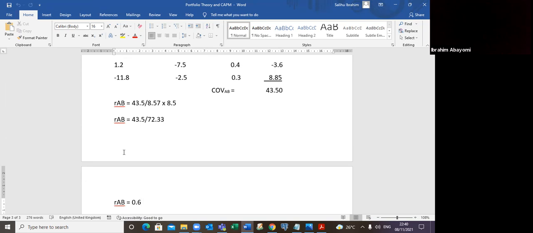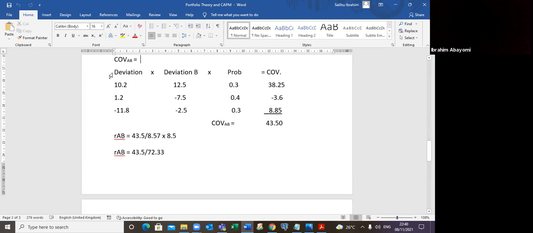Yes, sir. So because I don't have correlation before, I will have to calculate it. To get my correlation, I need to compute covariance first in this question. That's why I use deviation of A times deviation of B times probability to get my covariance.